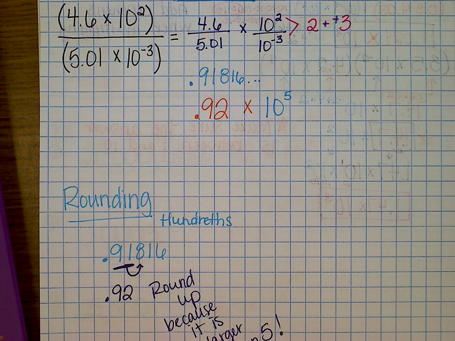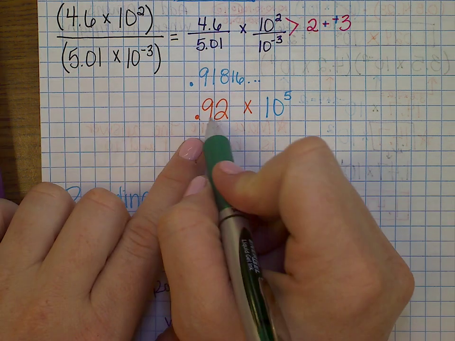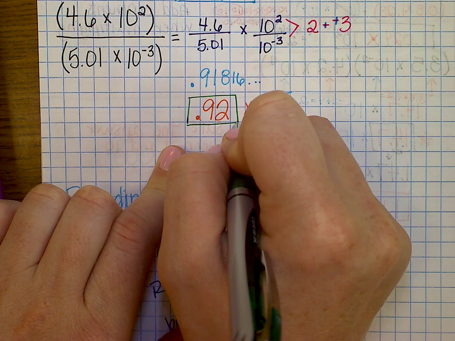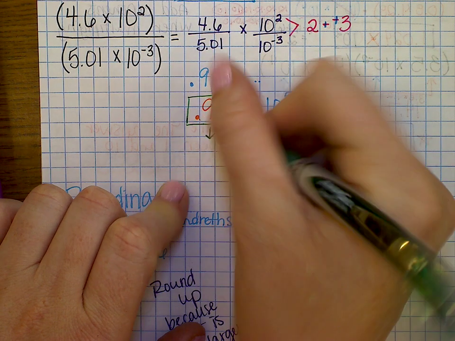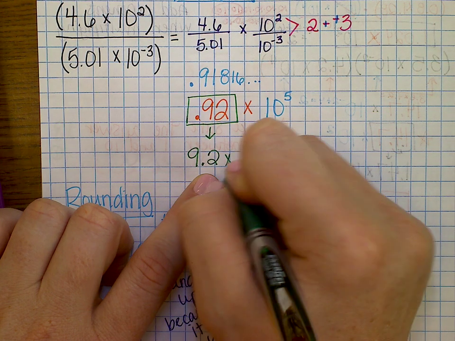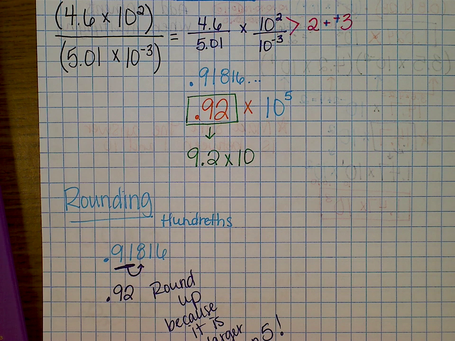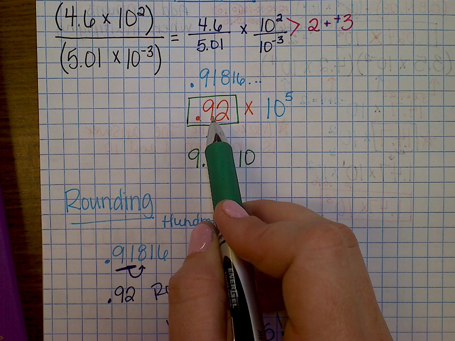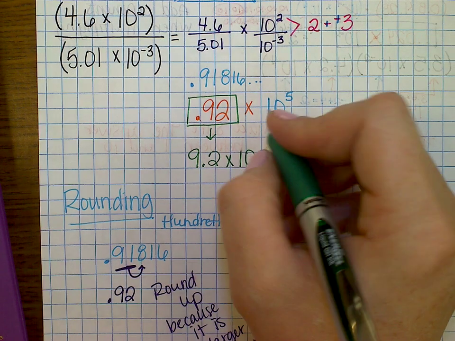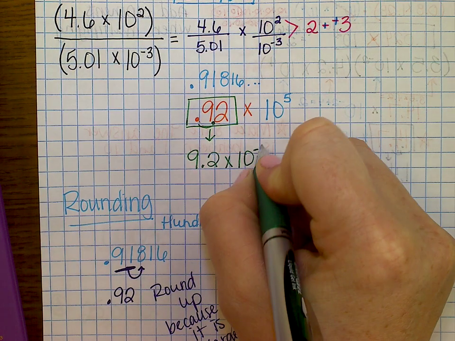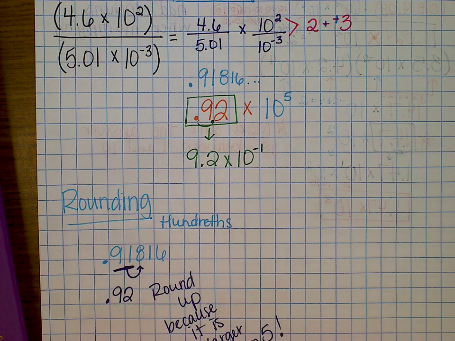But again, we have that problem where this number is not already in scientific notation. So it needs to be 9.2 times 10. Since that is hundredths, it's 92 hundredths. I'm moving it once, but it was a small number, so it'd be negative 1.